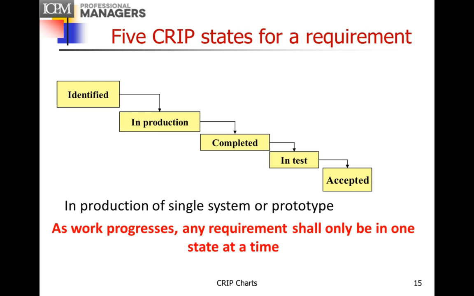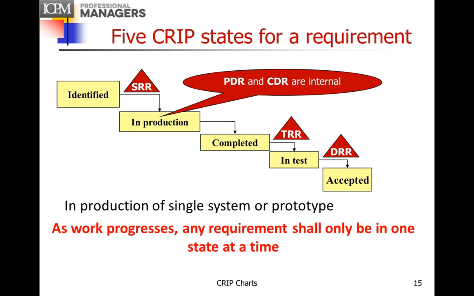So each requirement can be in any one of 5 CRIP states at any time. The requirement has been identified, it's in production, that means we're designing it and building it, it's completed, and it's in test, and then it's accepted. And the milestone reviews associated with these states, once the requirement's identified, we will have a system requirements review.